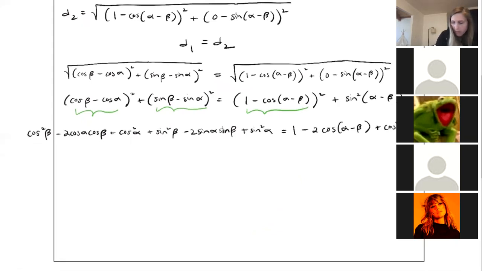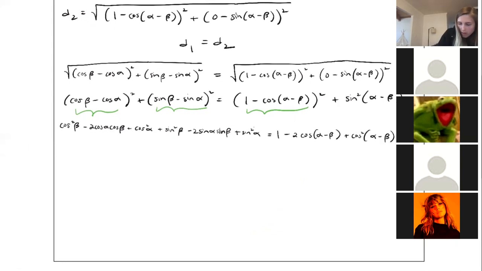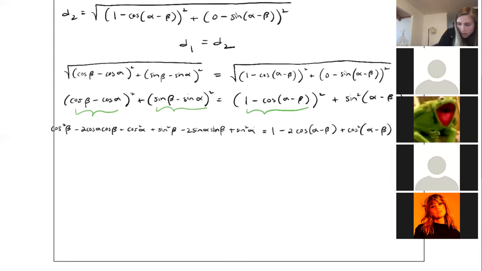I'm running out of room. So all I did was multiply all those squares out.